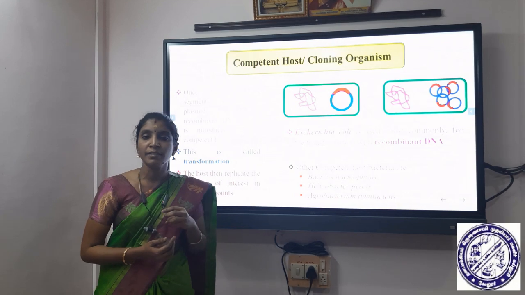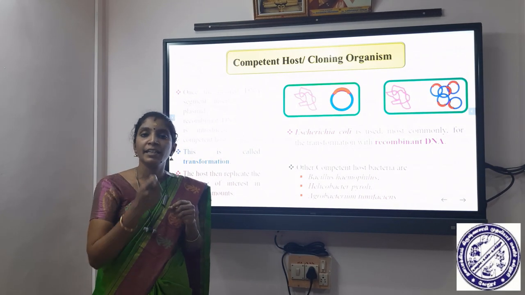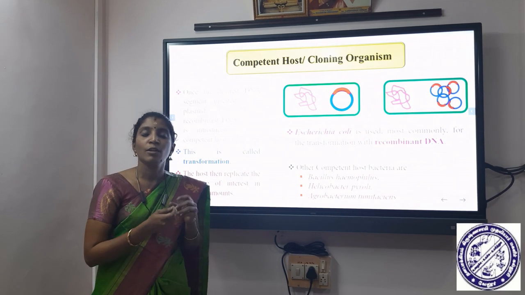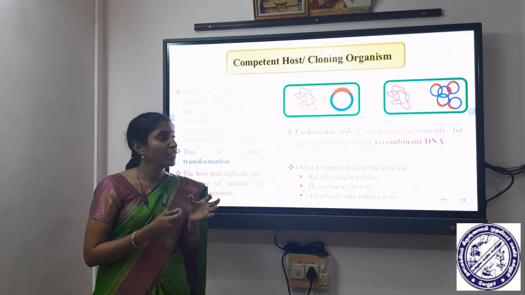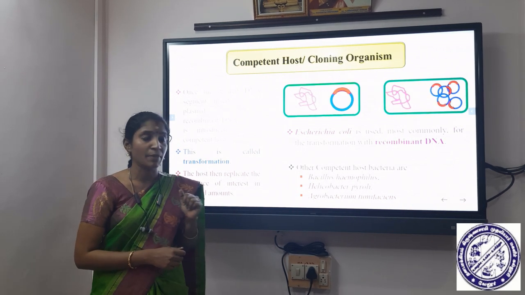Another method is the micro-injection method, where the DNA is inserted directly into the cell. Particularly animal cells follow this method.